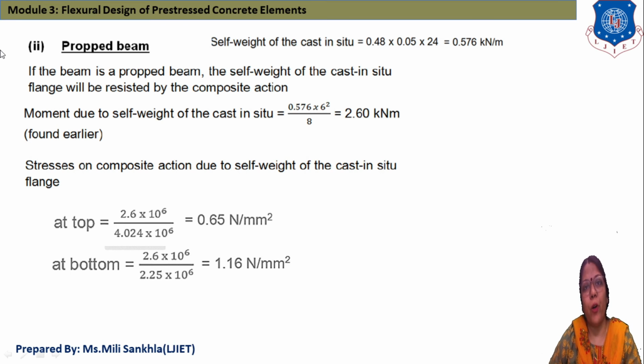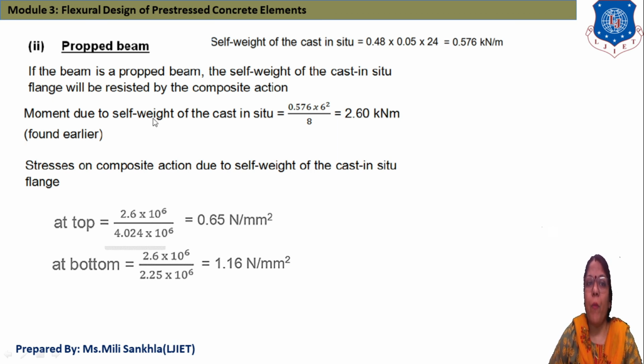Now for the propped beam we find moment due to the cast in situ. Self weight of cast in situ is 0.48 into 0.05 into 24, that is 0.576 kilonewton per meter. Here the beam is propped, that means self weight of cast in situ flange will be resisted by composite action.